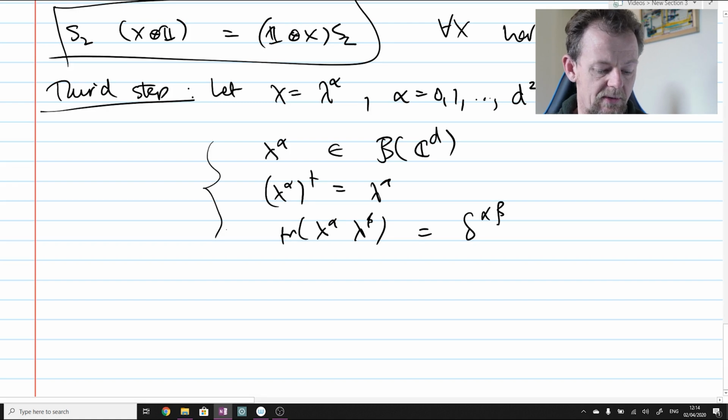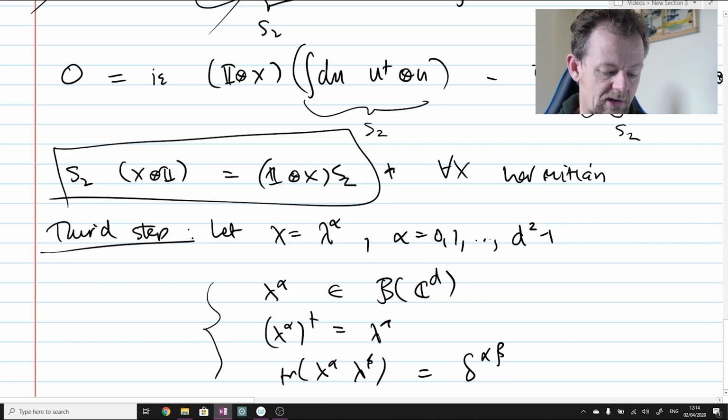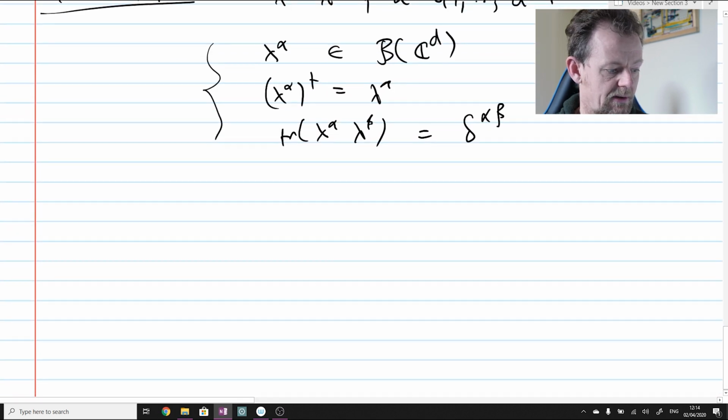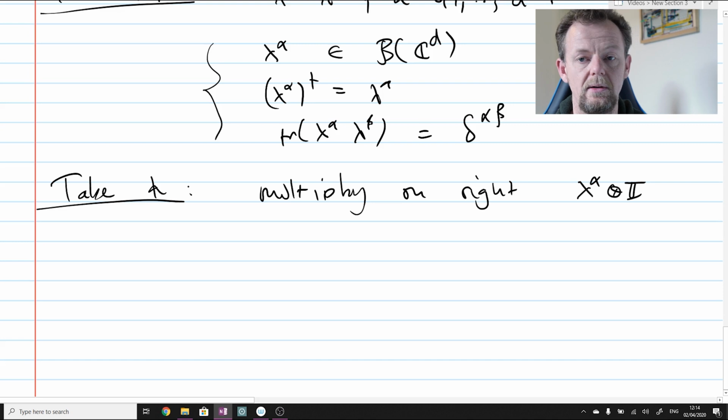Okay, these are the properties of these matrices. And then we're going to take our identity, which we'll call star, and we multiply on the right by lambda alpha tensor the identity.